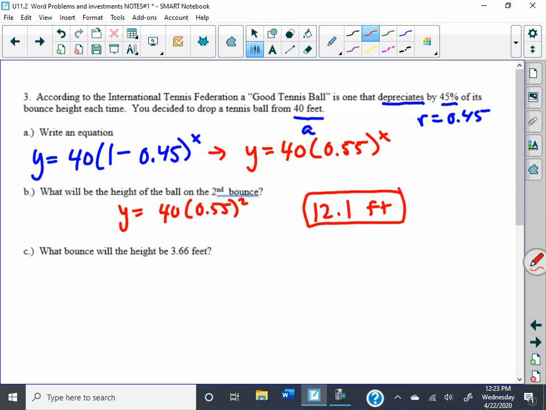Now, what bounce will the height be at 3.66 feet? Right, so 3.66 feet is our ending amount, so that's our y value. Plugging that into our formula, 3.66 equals 40 times 0.55 to the x power.